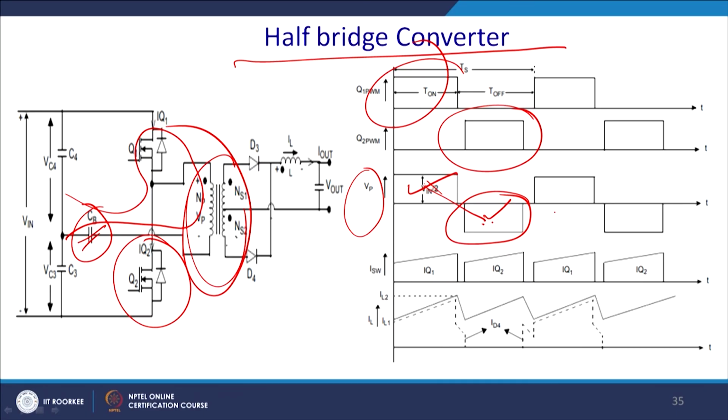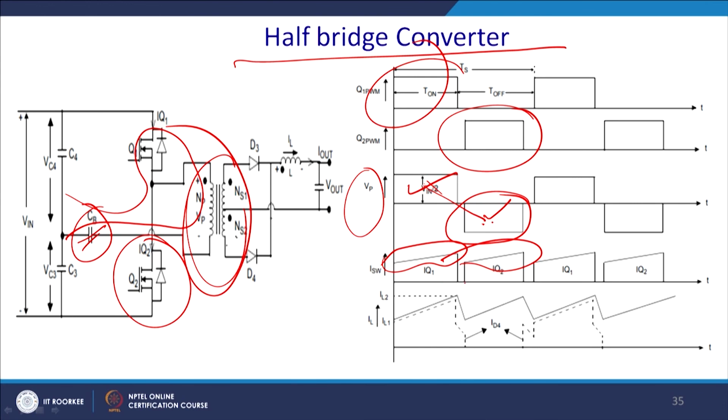And this is the current across the switch. Once it is triggered, we assume continuous conduction mode, and thus IQ1 is going on. Thereafter, once Q2 is triggered, IQ2 is going on, and so on.